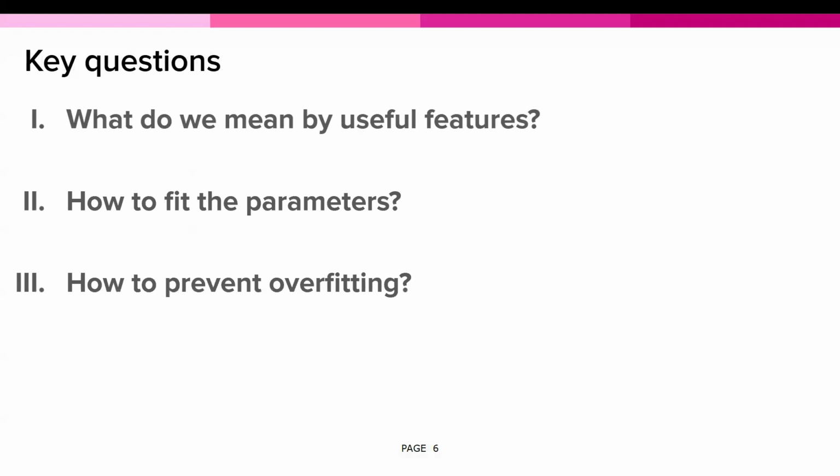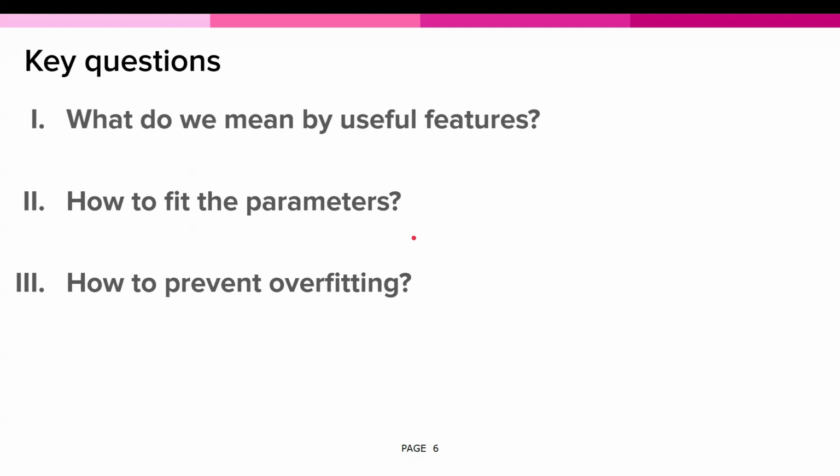Not every feature is going to give us the computational power that we need. And then after we talk about that, we're going to get into how we estimate the parameters of our network, what the parameters are, and then how we go about training the neural network.